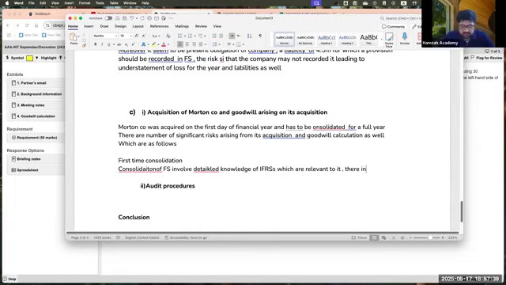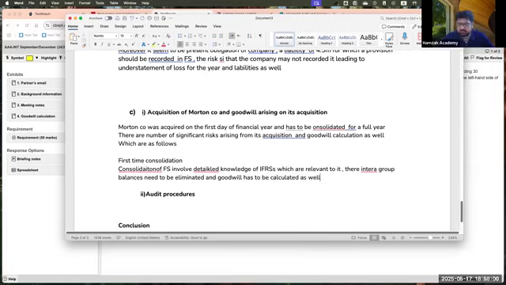Intra-group balances need to be eliminated, and goodwill has to be calculated as well.